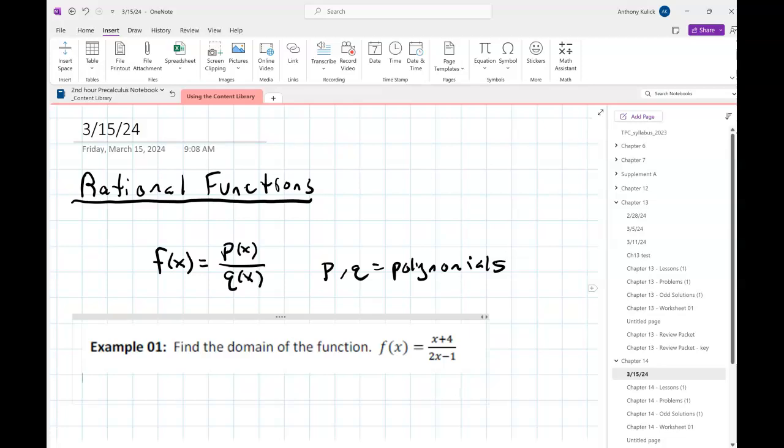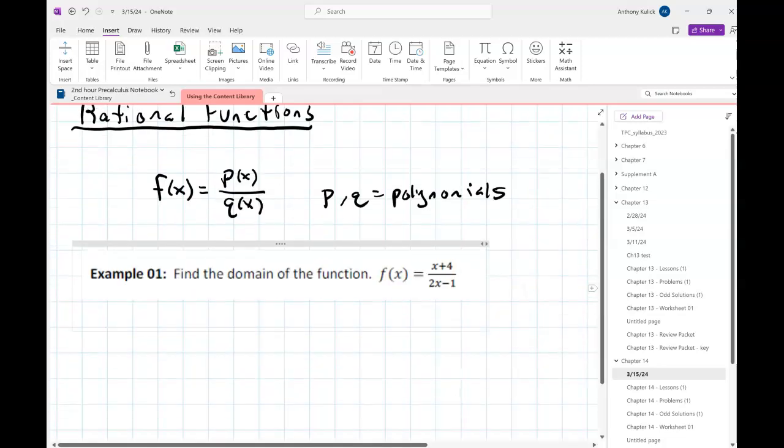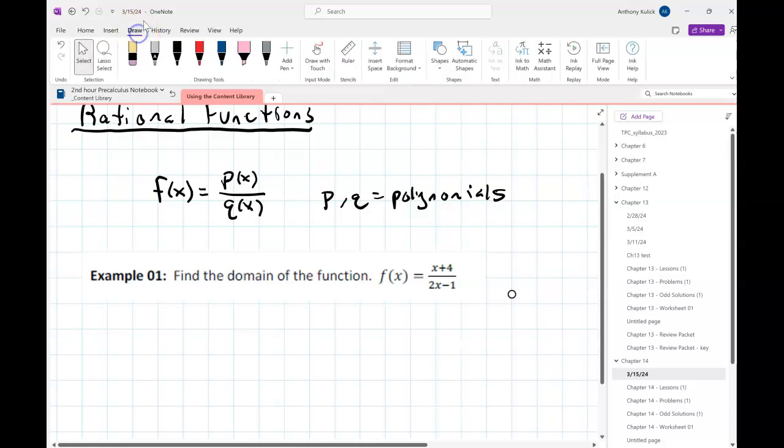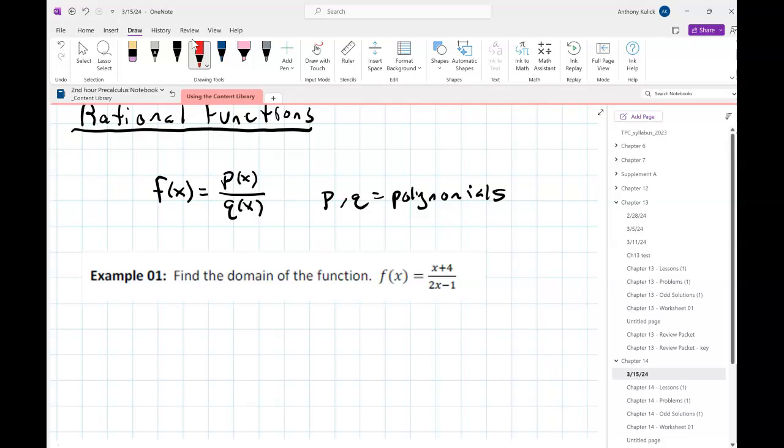Okay, so remember when we talked about finding domains in first semester? Let's look at our function here. What operations do we see going on in this function? Division, addition, subtraction. I see multiplication too, between the 2 and the x.